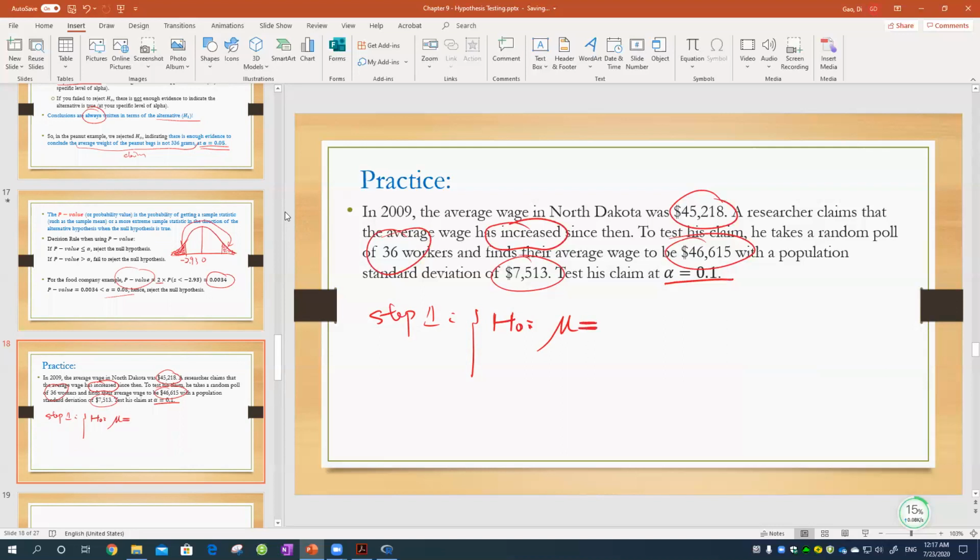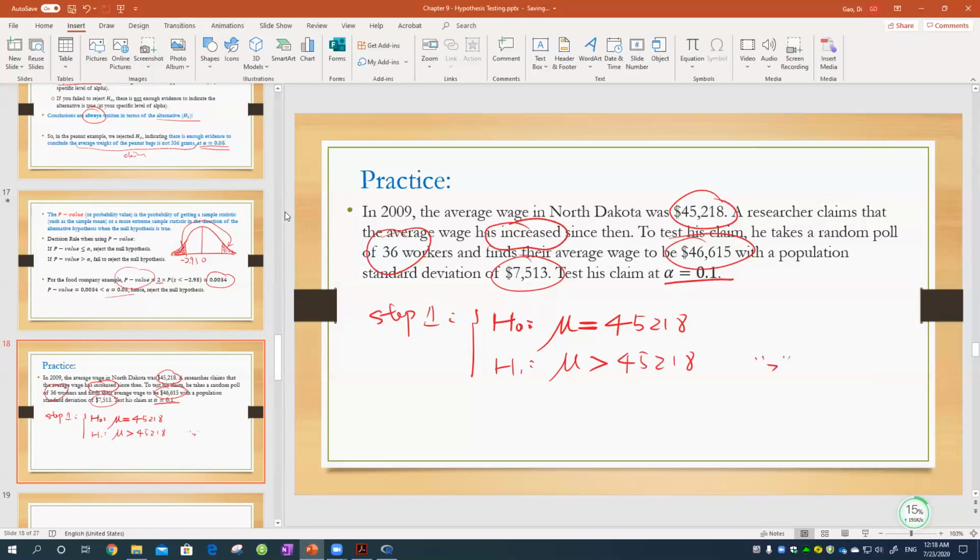So mu equals, and that's more like fixed. Equals what? You actually get it from the claim. A researcher claimed that the average wage has increased since then, so more than that number. The target number is 45,218. So the null hypothesis will be equals that number, and the alternative hypothesis will be mu increased, so that's more than 45,218.